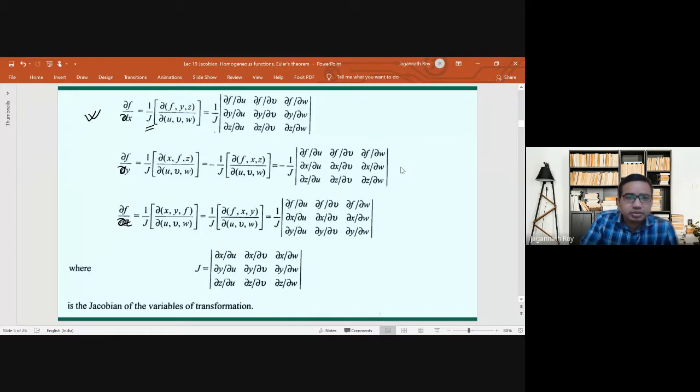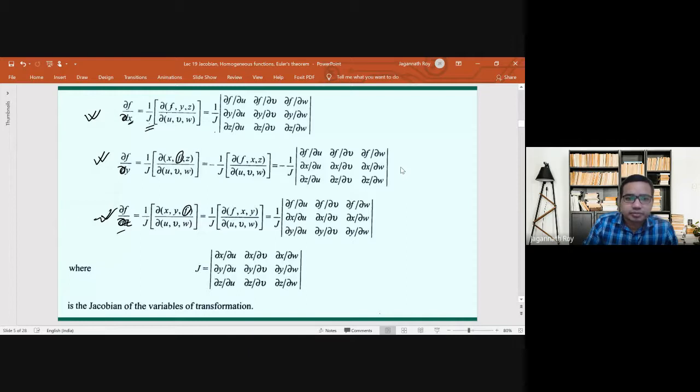So 1 by J into whichever we are trying to find out with respect to x. So in place of x, we will substitute this value, f. Similarly, we want to find the derivative with respect to y. So in place of y, we will substitute f and do the evaluation. Similarly, finally, in place of z, we will substitute this.